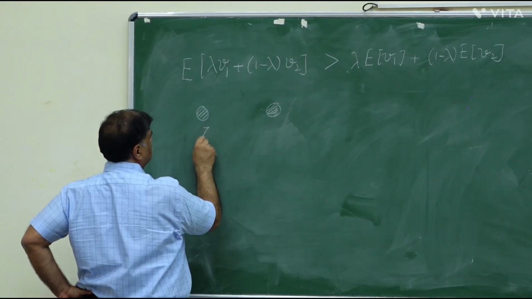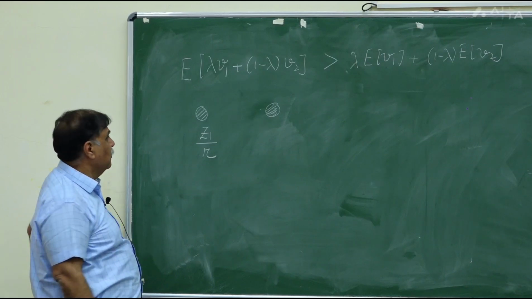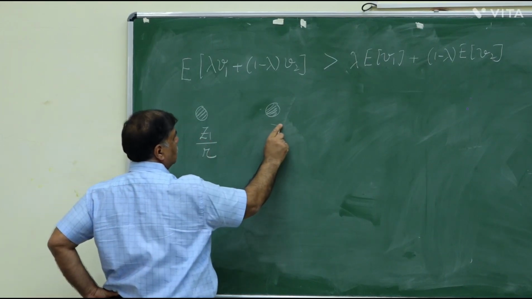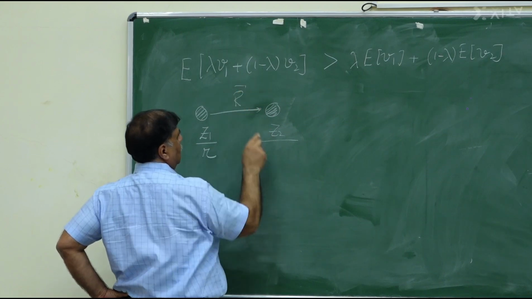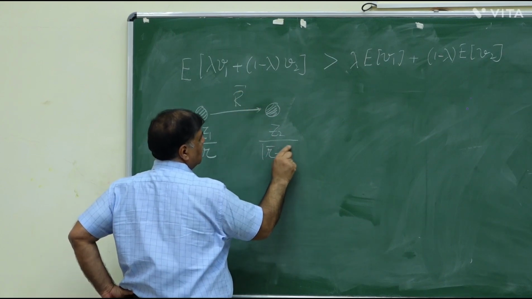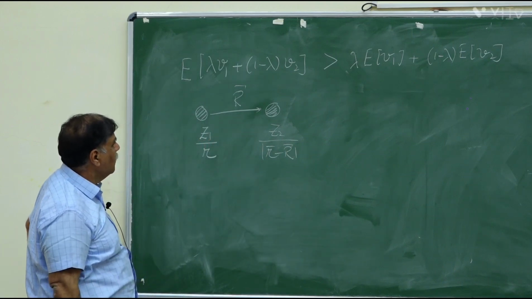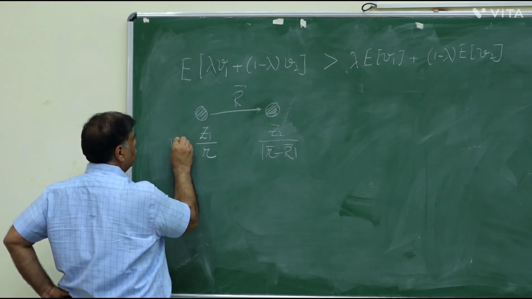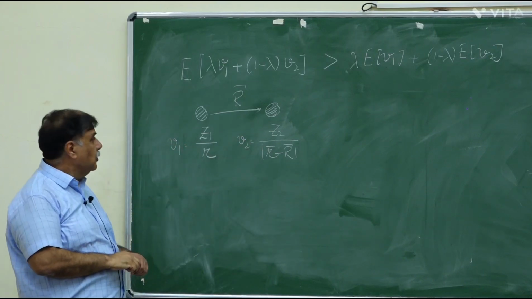So this will have, let's say, energy Z1 over R atom, and this is Z2 over vector R minus R. Okay? Then, this is my V1, this is V2, and I form a molecule.